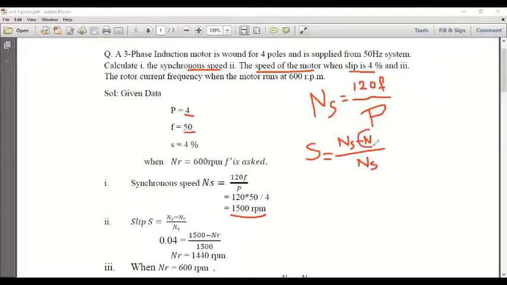Here I have taken n as nr, to avoid any confusion about the rotor speed. N suffix r is nothing but the rotor speed here. If it is represented as a percentage slip, it is multiplied by 100.